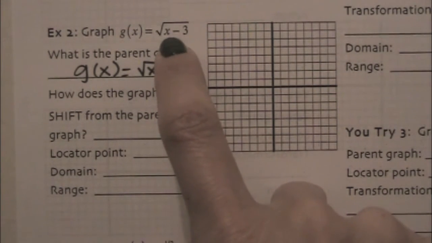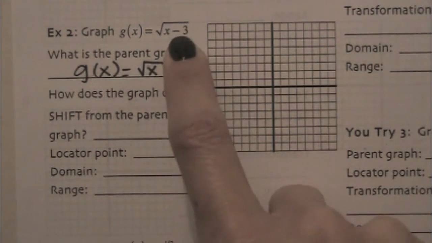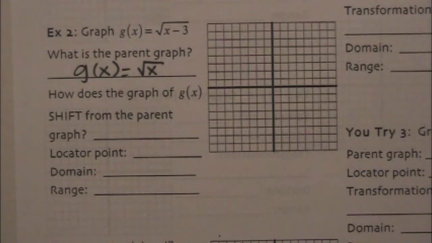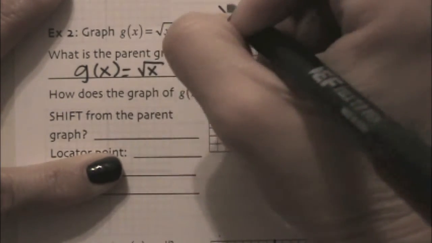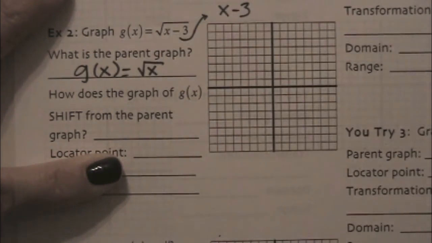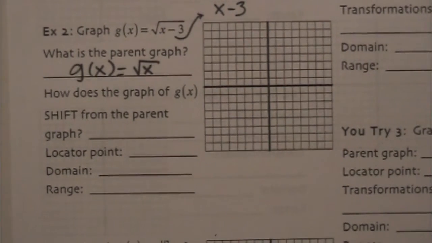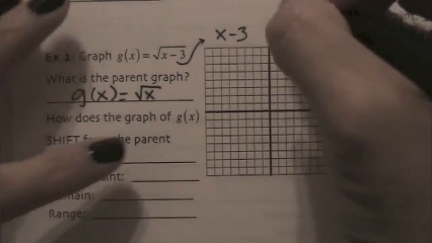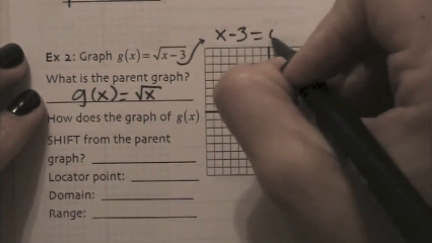And so if we see in here we have x minus 3, because the value that's brought in is with the x, this is going to be a horizontal shift. So we're going to take the x minus 3, set it equal to 0.